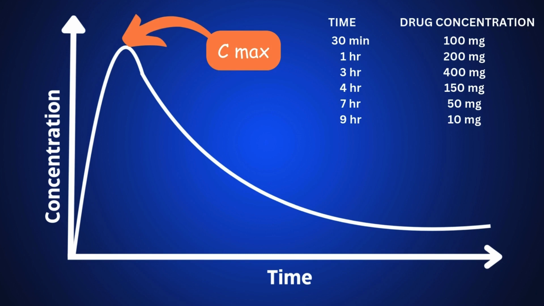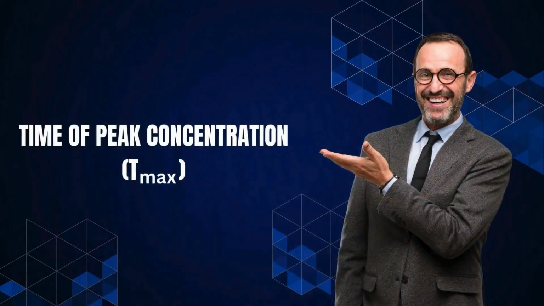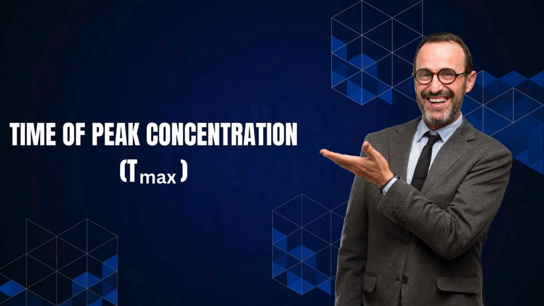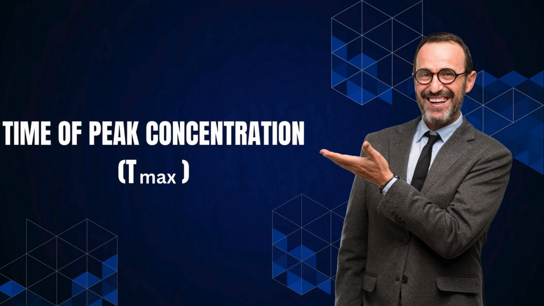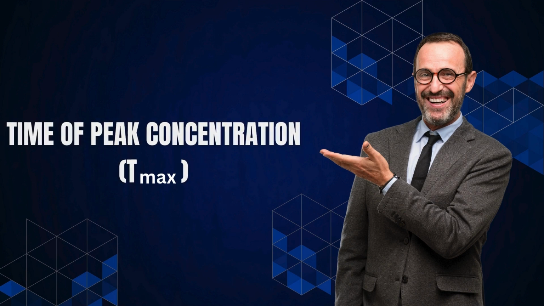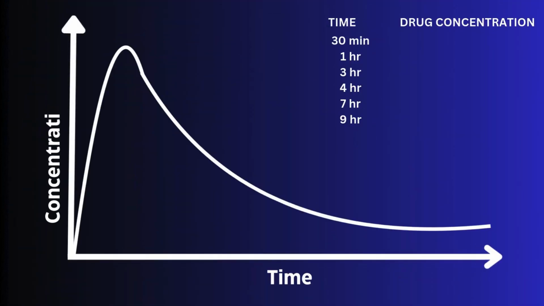The highlighted part in the graph is the peak concentration of drug in blood. So, this peak point is nothing but Cmax. Time of peak concentration, Tmax, is the time it takes for a drug to reach its highest level or peak concentration, Cmax, in your bloodstream after you take it. When you take a pill, it's absorbed into your bloodstream over time.